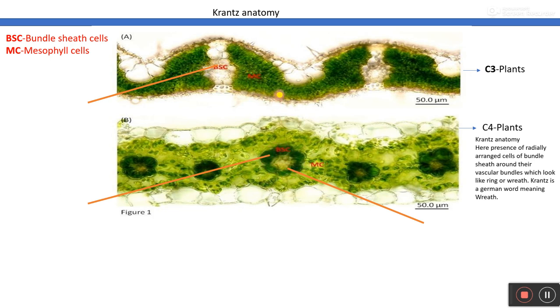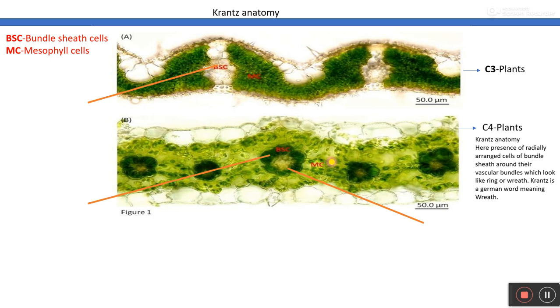The third difference is that in C3 plants, normal chloroplasts are generally present, which means grana are present in the chloroplasts of C3 plants. But in C4 plants, dimorphic chloroplasts are generally present. Dimorphic means two kinds of chloroplasts are present. The first kind is present in mesophyll cells, which have grana.